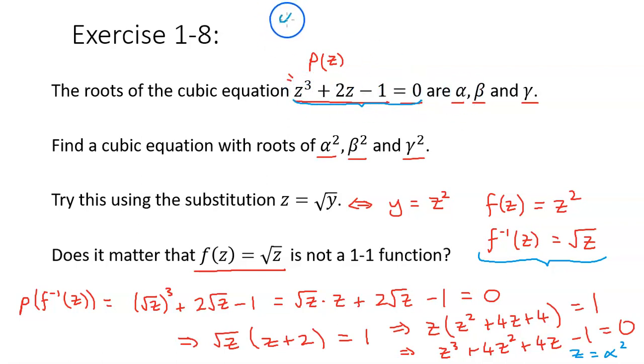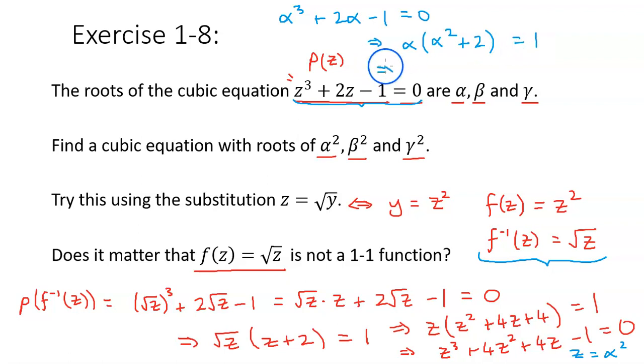So we do know that alpha cubed plus 2 times alpha minus 1 does equal 0. And then from here we can do exactly what we did here. We can factor out the alpha, so we get that alpha times alpha squared plus 2 is equal to 1, and then we can go ahead and square both sides.